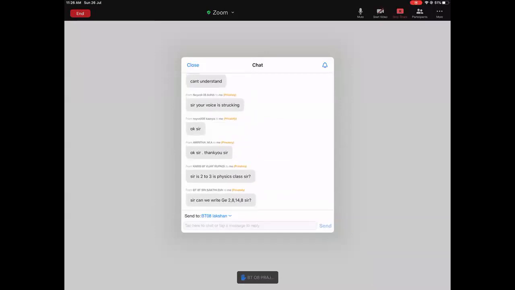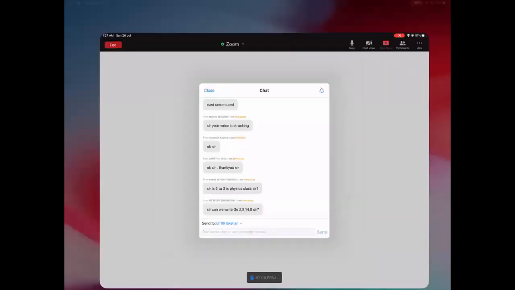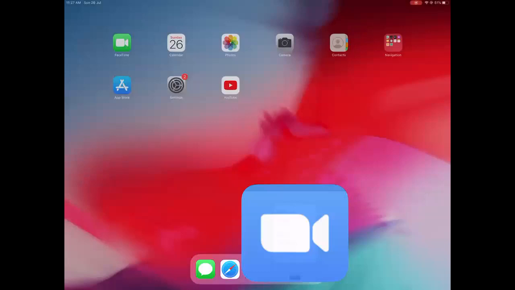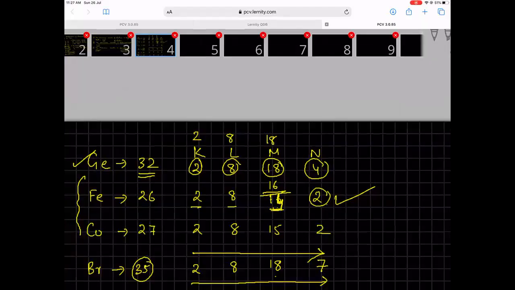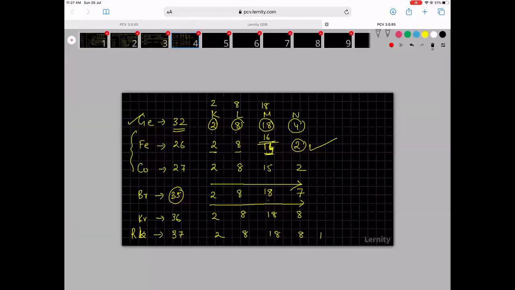For germanium, you want to write 2, 8, 14, 8? You cannot write like that. You cannot keep filling as many as you want. In the penultimate shell, a maximum of 18 are filled, so you cannot write 14 here, 14 here, and then 8.